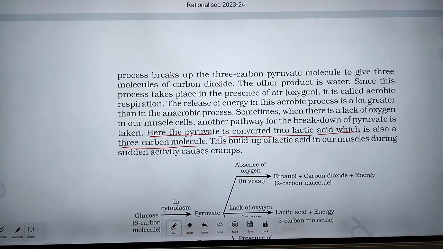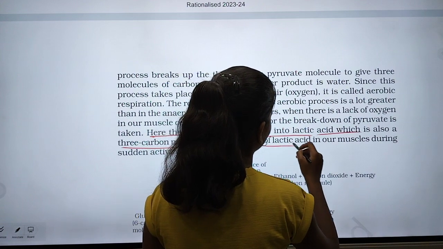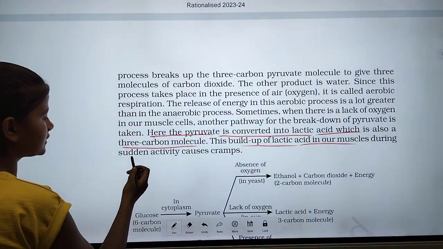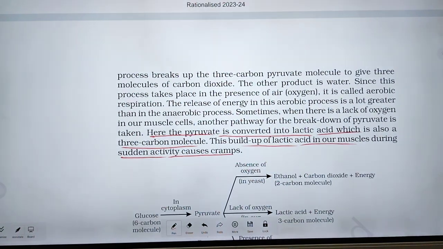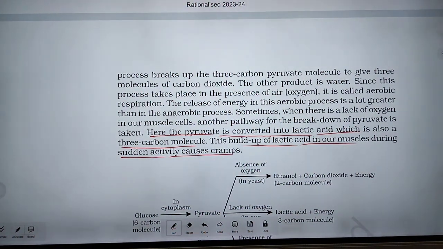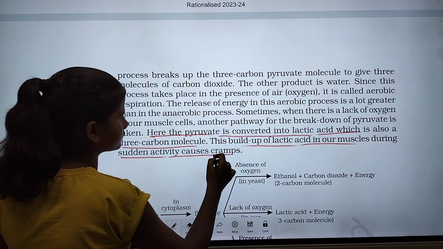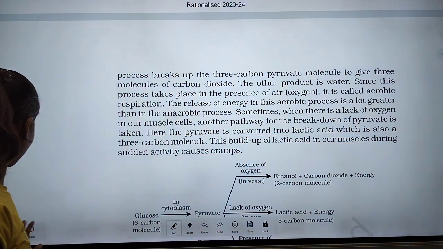This build up of lactic acid in our muscle cells during sudden activity causes cramps.